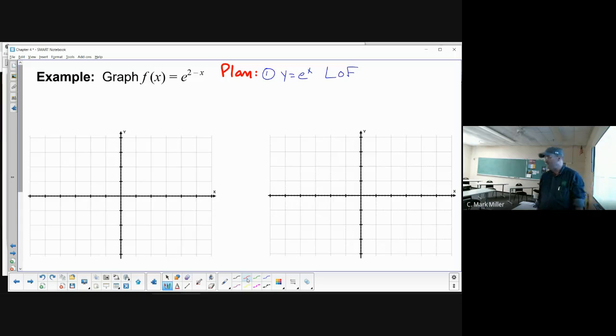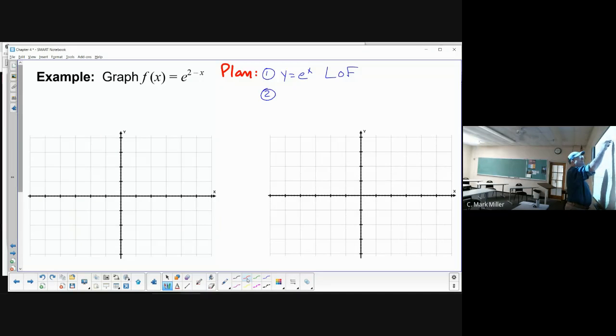What path should I take? Well, I have a negative in front of the x there. You might make e to the minus x. This is one way.